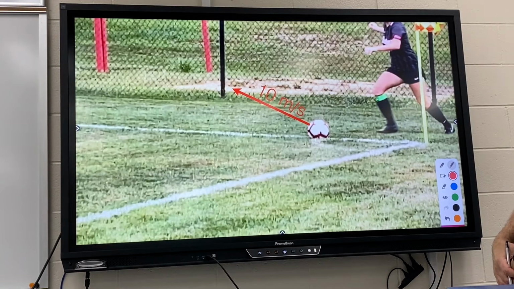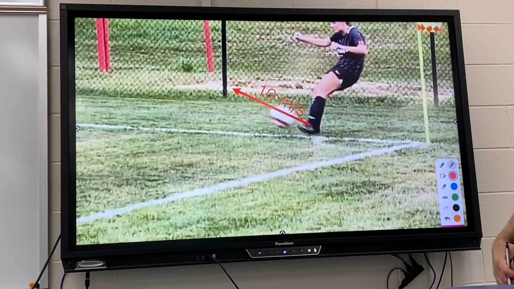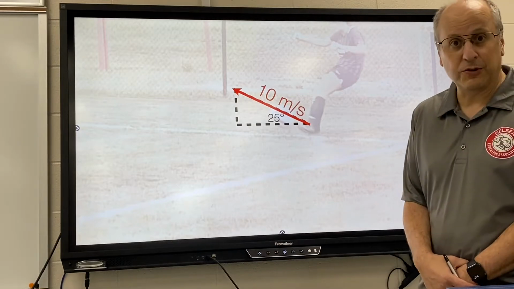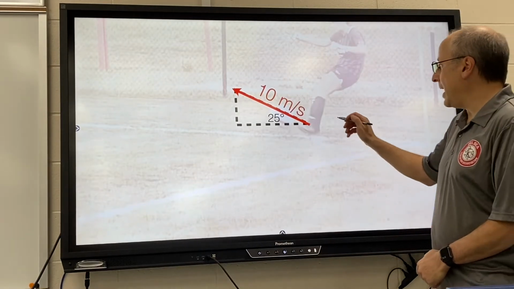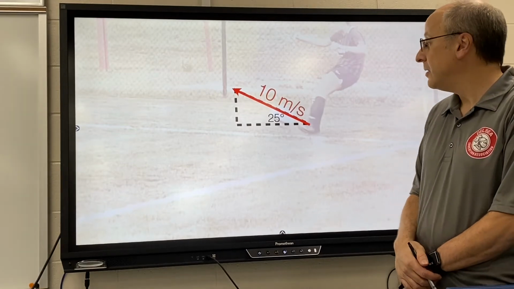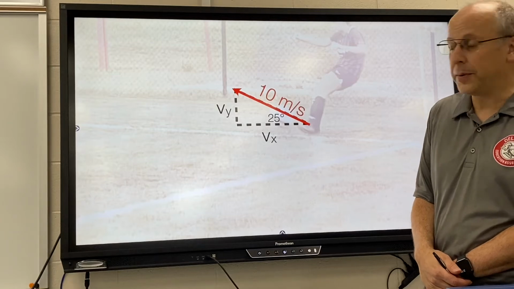Okay, so the ball is kicked at a speed of 10 meters per second, and it leaves the ground at an angle of 25 degrees. So if you know how fast it's moving and the angle that it takes off at, we should be able to figure out everything we need to know about the flight of the ball.